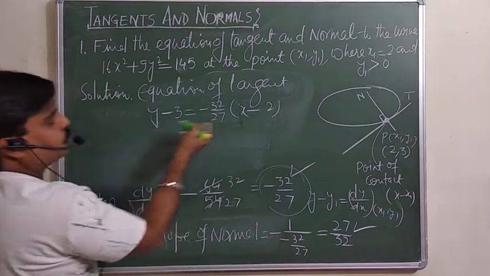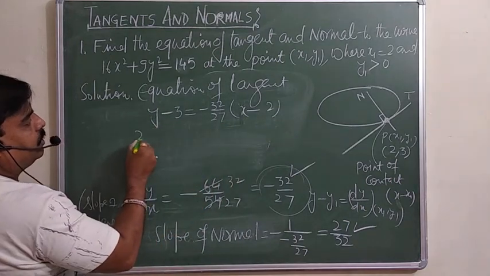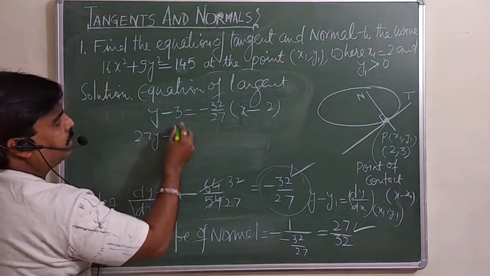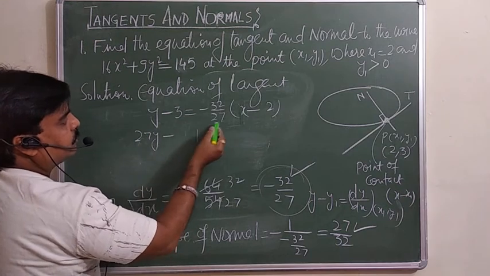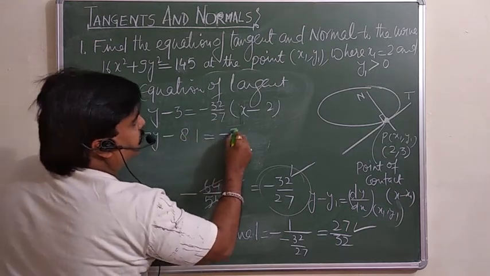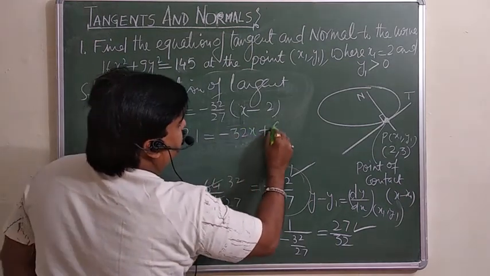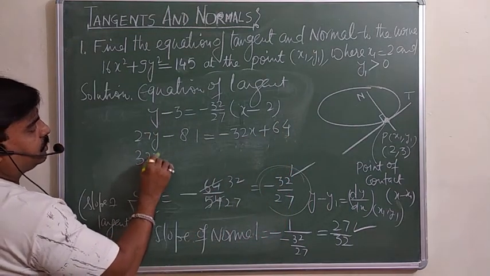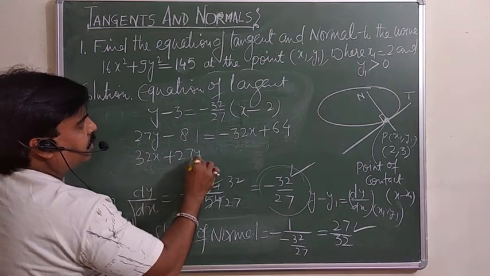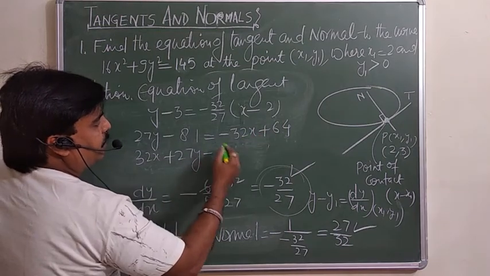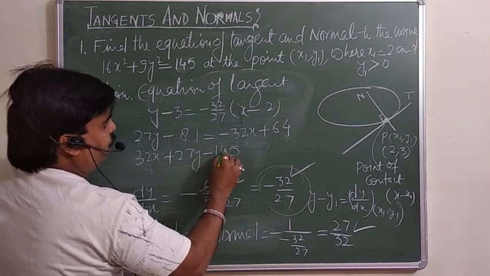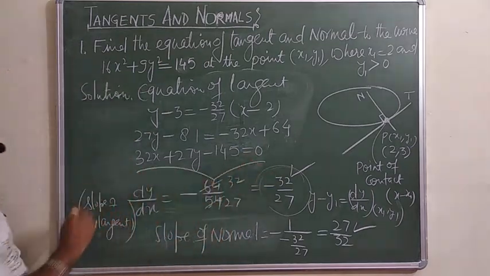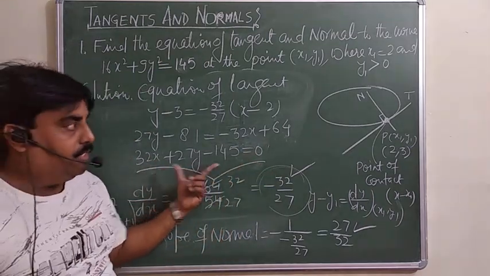You can solve this one. So you will get 27y minus 81 is equal to minus 32x plus 64. You can transpose this: 32x plus 27y minus 145 is equal to 0. So this is the equation of the tangent.